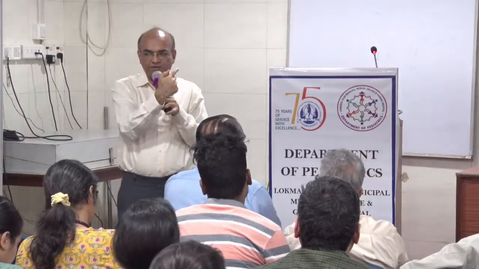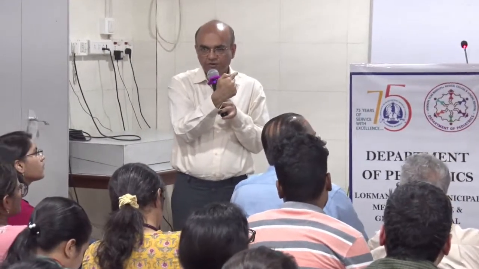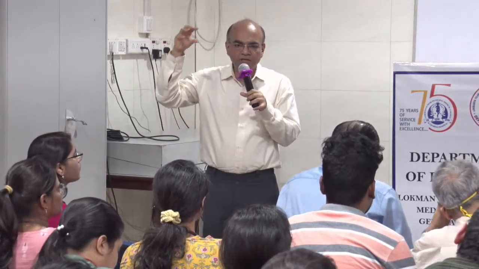So when we get a history of high fever, how should our mind start thinking? Is this small inflammation at multiple places in the body, or big inflammation at one place in the body? That's how you should start thinking.